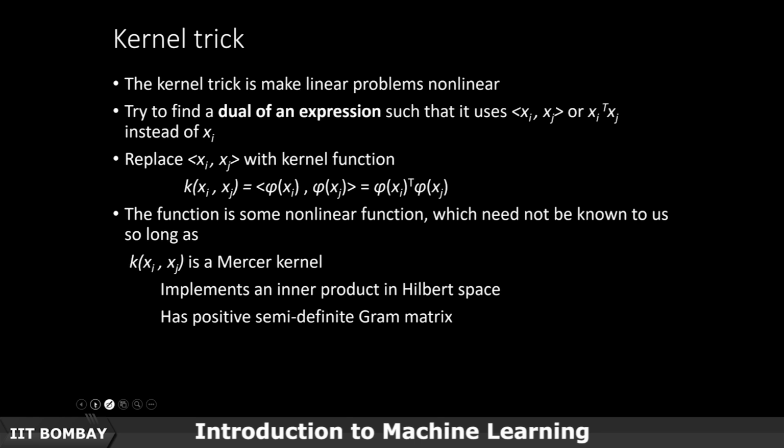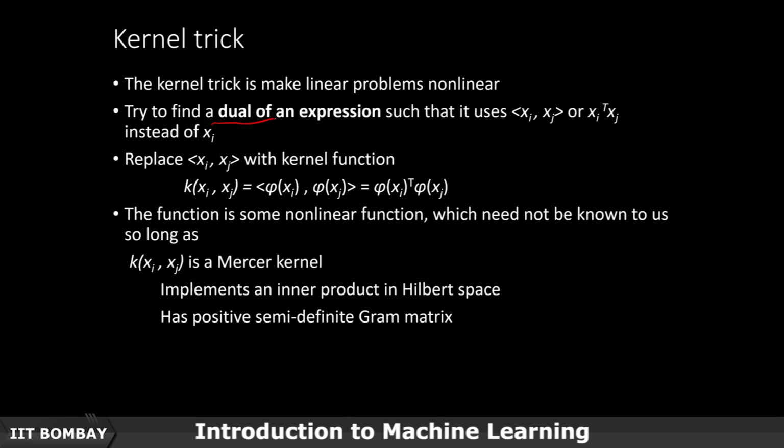This kernel trick is going to take linear problems and still keep them linear, by introducing a non-linearity in the form of a kernel. So we will change the equation, which is the primal form of the support vector machine that we have already seen, into a dual form.